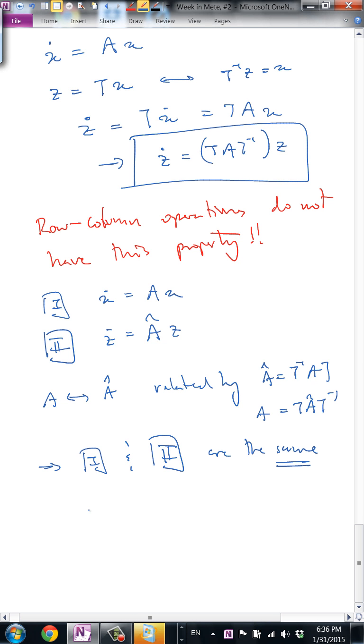So they're the same, we've just chosen to look at them or represent them differently.